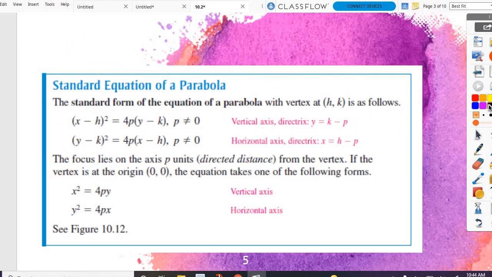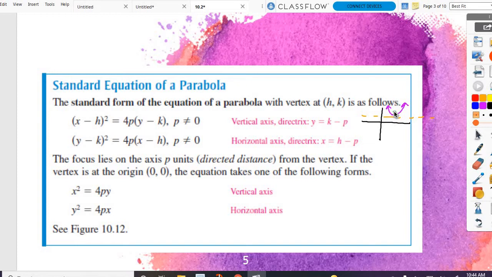Now here we actually have two different equations. We have our top one, which says that it has a vertical axis. And notice that the directrix is y equals k minus p. So if we were to graph this, remember that your axis means your axis of symmetry, but your directrix is y equals, which means that it would be a horizontal line, and your focus would be on the inside.